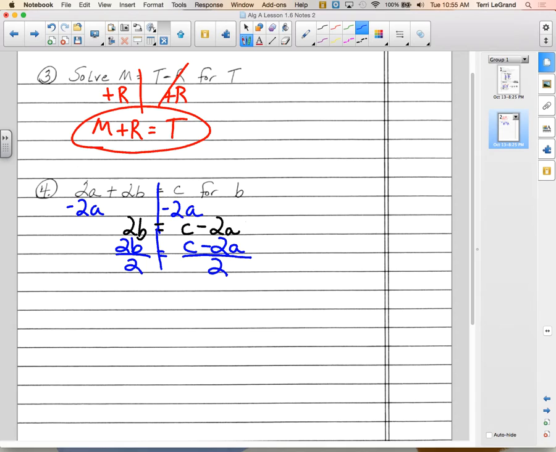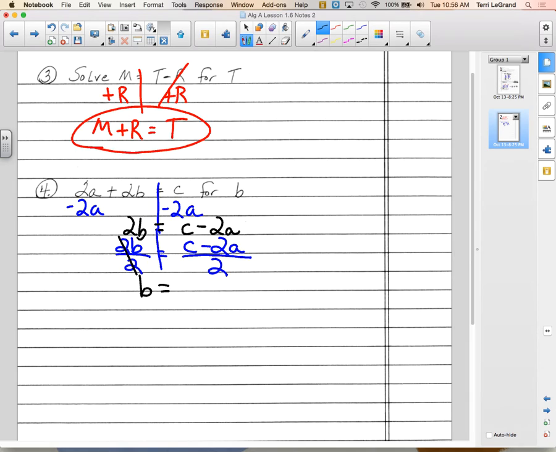And then we say, on the left side, what happens? It's B. Okay, why is it B? Tori, why does the left side become B? 2's cancel out, thank you. So B's by itself. How about the right side? What does the right side become? Cody? C minus A.